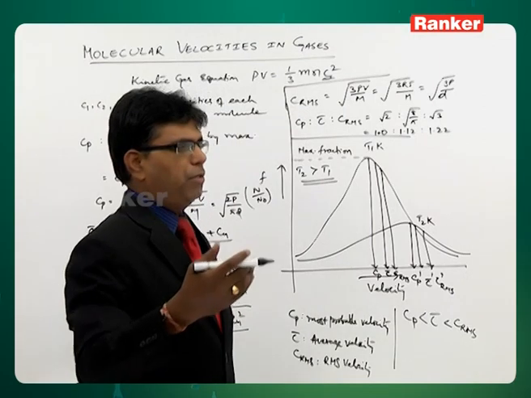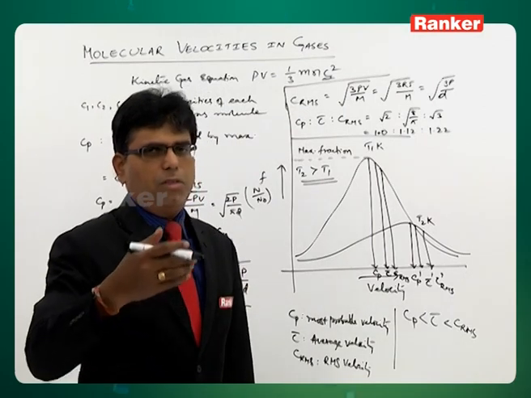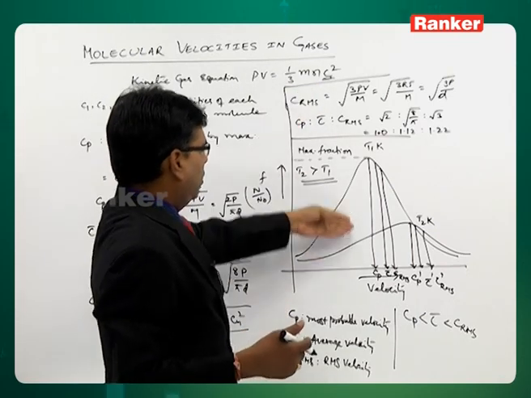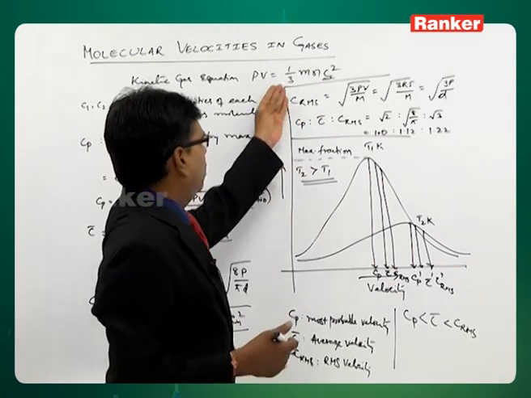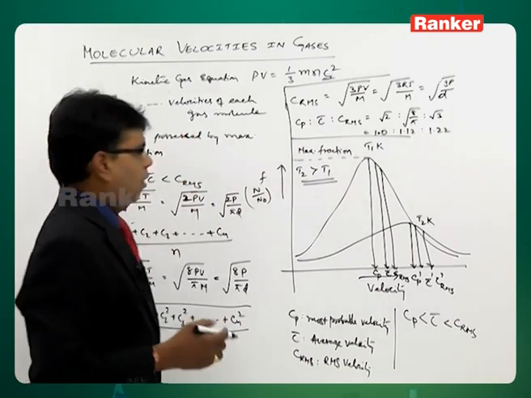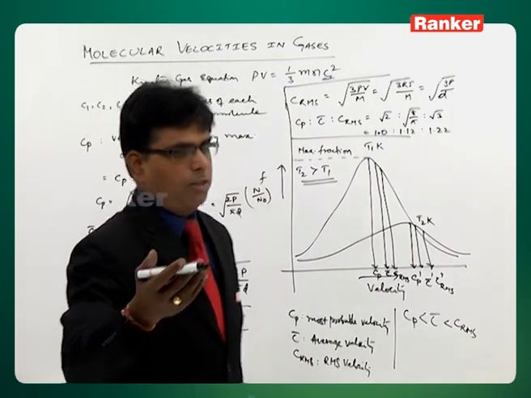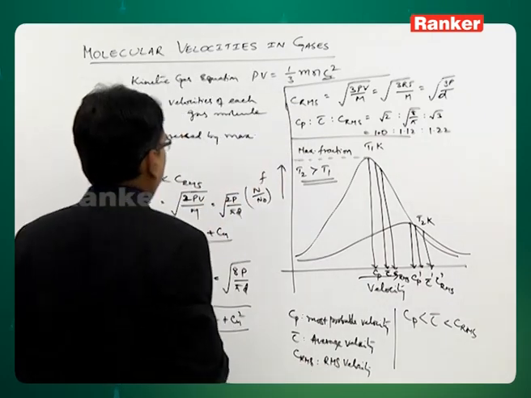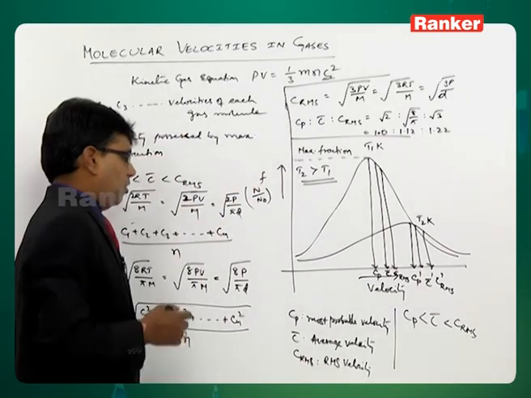So, the ratio of diffusion rates R1 by R2 is nothing but C1 by C2, equal to root over M2 by M1. That is how the ratio of velocities is related to molecular weight, as we already saw in diffusion. So, this is about the molecular velocities.